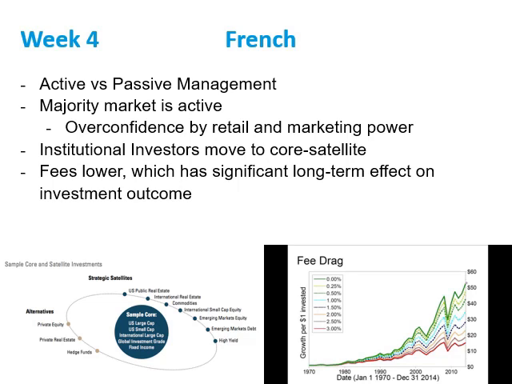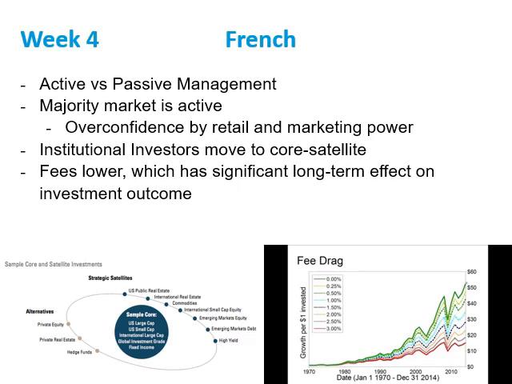In addition to that, of course, we also have the other side of this equation. The retail investors would be the buyers, but of course we have sellers of funds. And if you look at their marketing power, it's obvious that if you are an intermediary or an asset manager, you'd rather sell active funds, right? And why is that? Because on active funds, you earn a much higher fee.